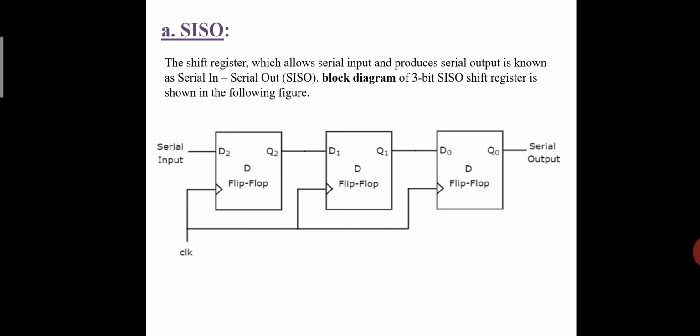Each time one bit of information is fed serially to the D flip flop, that is D2, we need to apply the clock pulse. The first flip flop will transfer the information and give the output at Q2, and this Q2 is again fed to the next flip flop. Similarly, Q1 will feed the next flip flop as the D0 input.